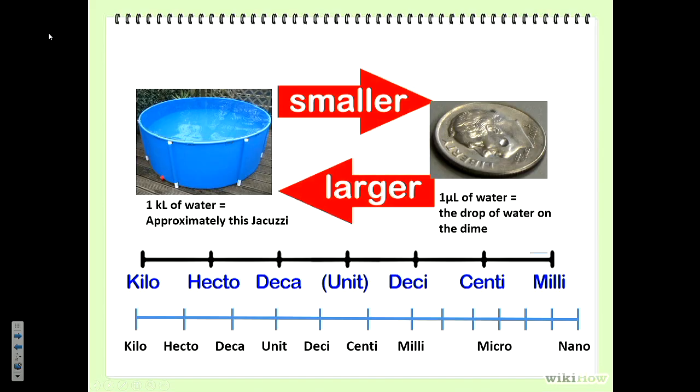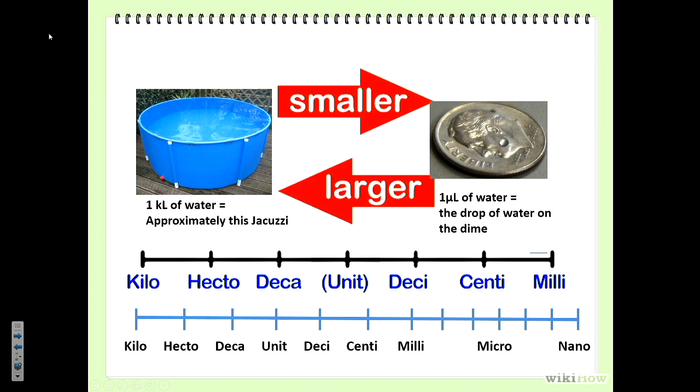And then the method that we use to actually do the conversion, I'm going to go through an example with you, just so you have an idea. Essentially, if we're going from smaller to larger, we're going to be moving our decimal to the left. And if we're going from larger to smaller, we're going to be moving our decimal to the right.